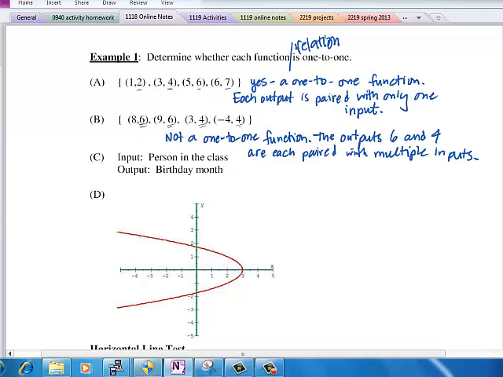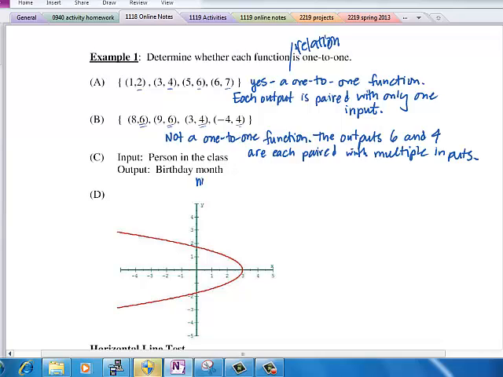Example C here, we have the input is a person in the class and the output is birthday month. So we want to know, for the set of outputs, are they each paired with only one input? That would only be possible if everyone in the class has a different birthday month. And since there are more than 12 people in the class, we know there's no way we can all have a different birthday month.